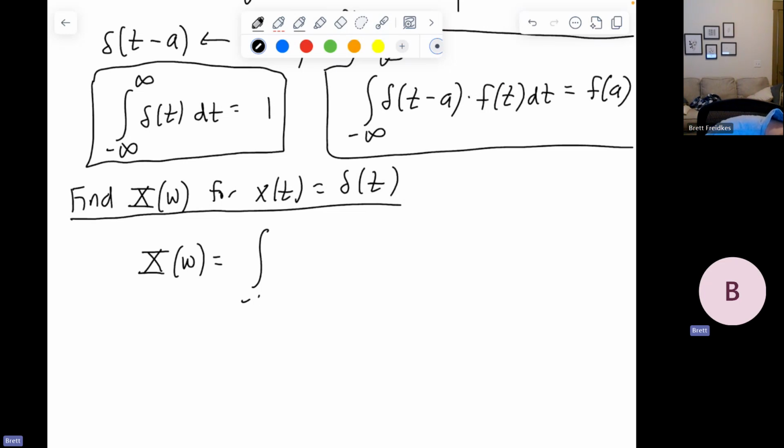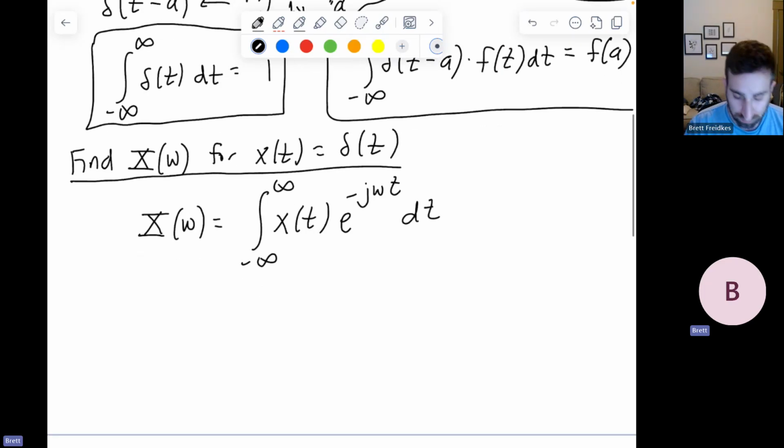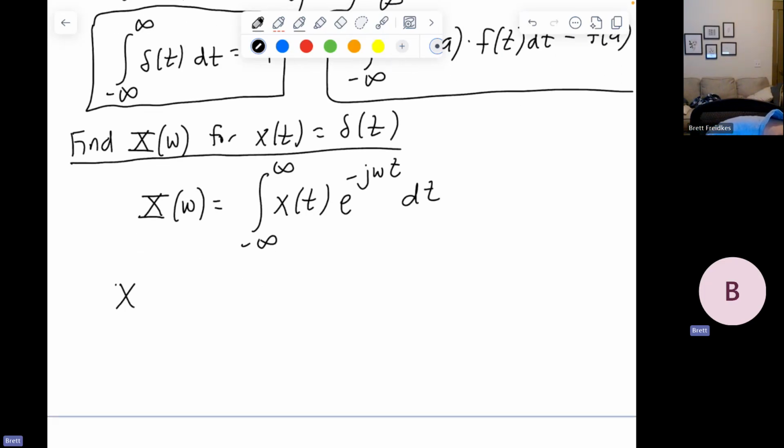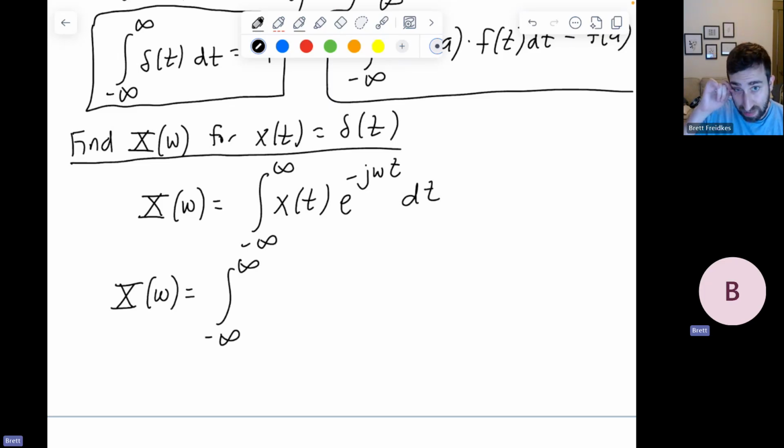The Fourier transform of a function is going to be the integral of x of t, e to the minus j omega t dt. And in this example, I'm going to say that x of t is delta of t. That is the Dirac-Delta function.